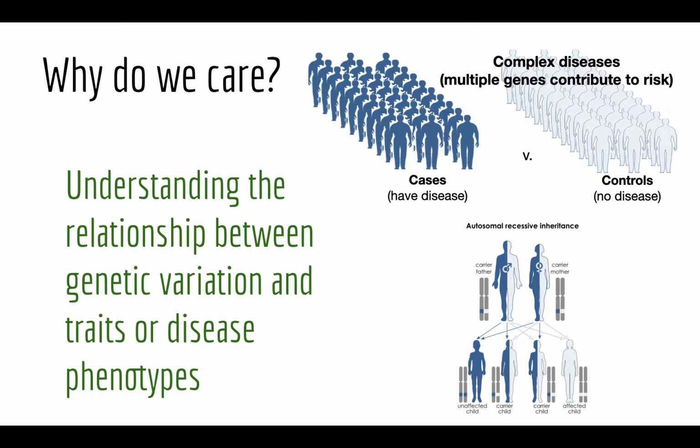And then essentially what you're doing is studying all the genetic variation that exists in the group with disease, all the genetic variation in the group without disease, and then applying statistics to figure out which of the genetic variants are most strongly associated with individuals with the disease.